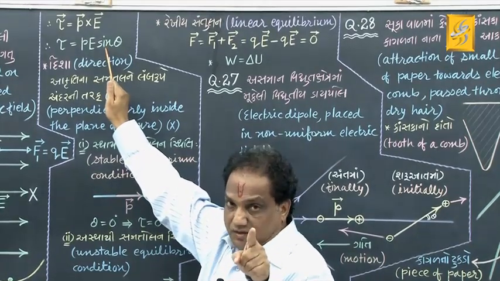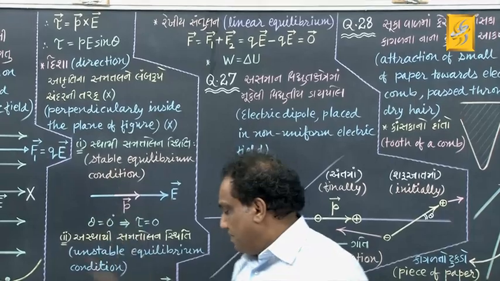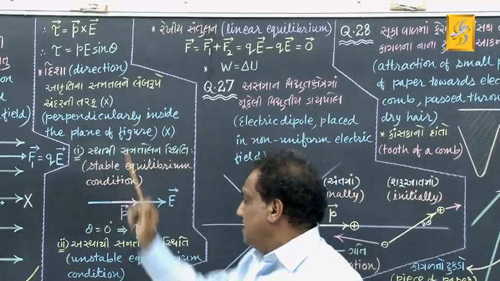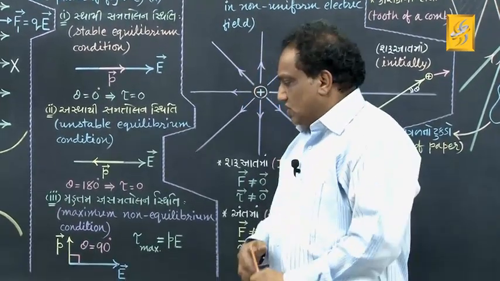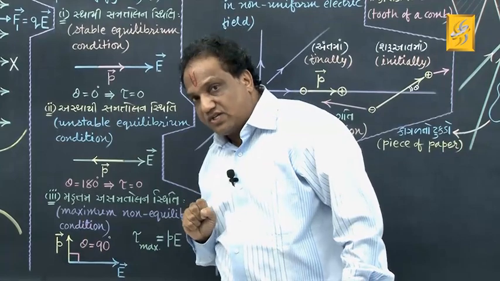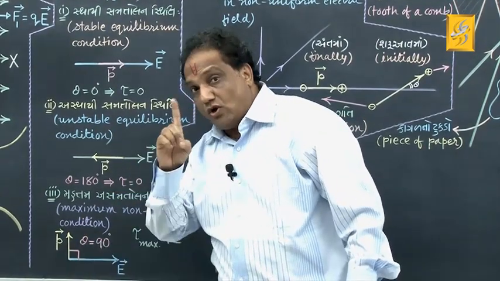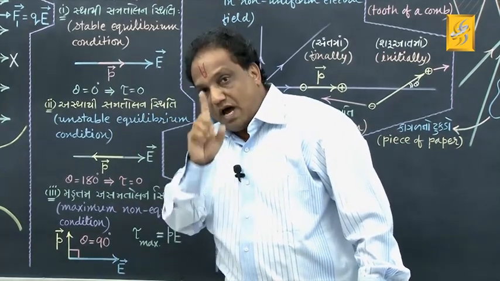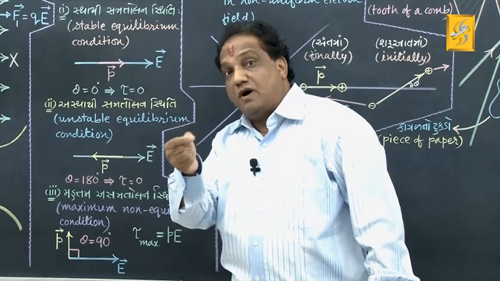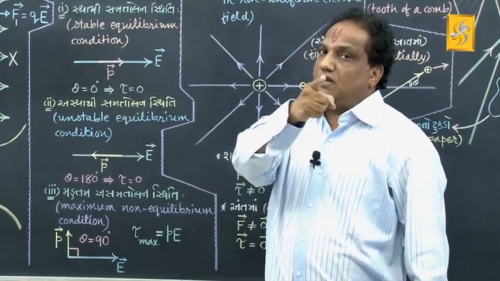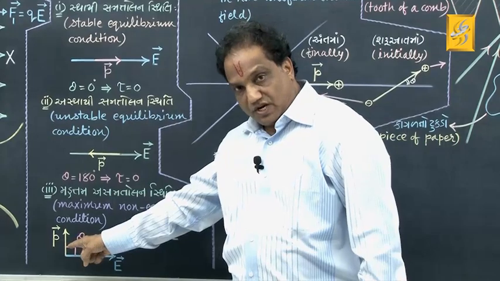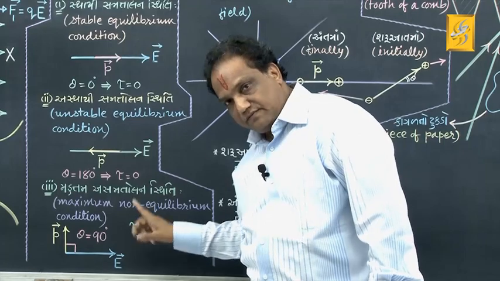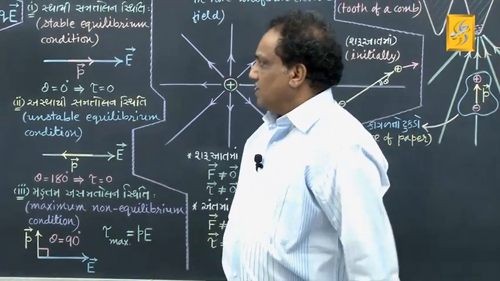When the sine function is maximum, naturally torque will be maximum, that's why I am writing tau maximum, which is P into E. When maximum torque is exerted, this dipole will not remain in that condition even for a fraction of a second. Immediately it would take a turn. It indicates maximum non-equilibrium condition. Why non-equilibrium? Because it does not remain steady in the same condition. And maximum, because maximum torque is exerted.